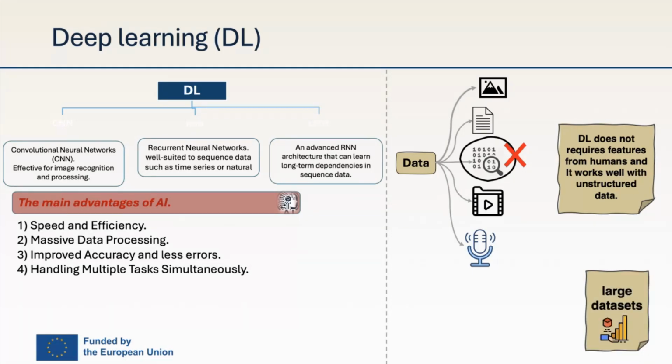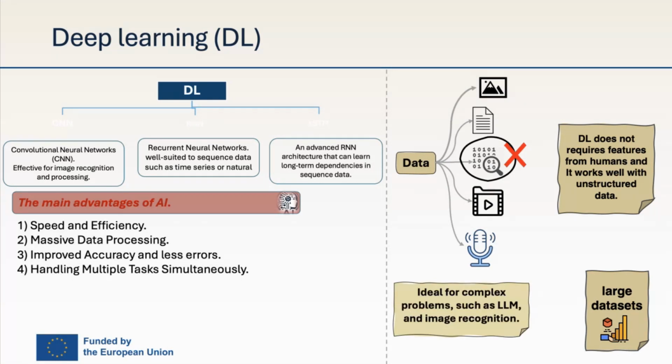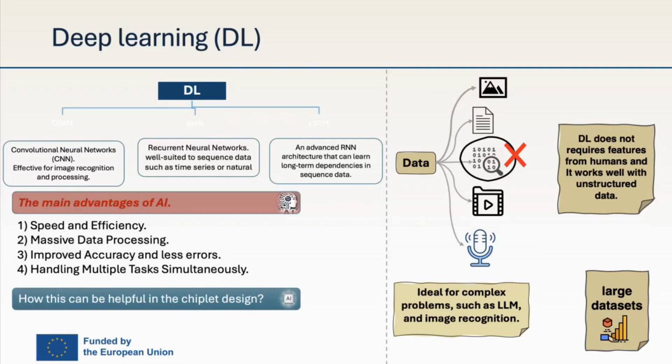In deep learning, we don't need to extract the features ourselves. It's something done by the model itself. Deep learning is also very suitable to deal with large data sets, and finally, it's very suitable for advanced problems like large language models and image recognition.